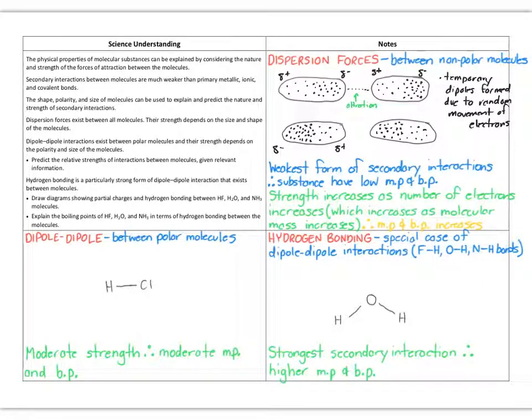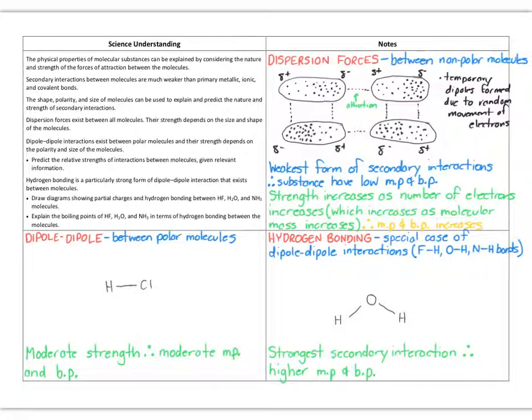So that negative charge from there is going to make those ones try and get further away, so they'll push to this end. So we set up another temporary dipole here with a negative and a positive. And so this negative and positive here will attract. The same thing will happen here between the positive and negative end. We've got a positive and a negative here, positive and a negative here, positive and a negative here.